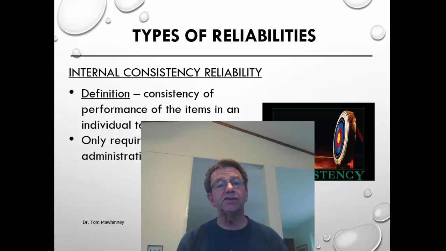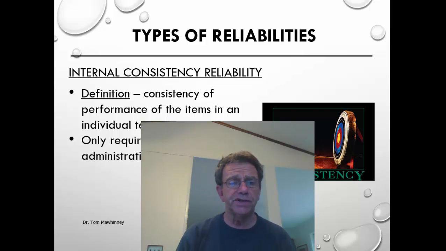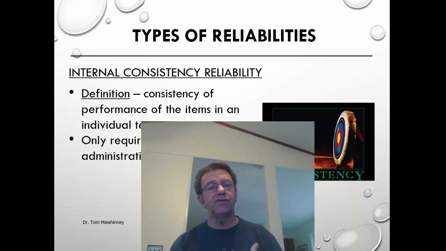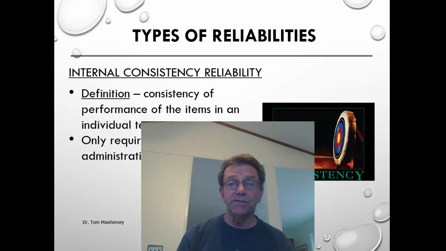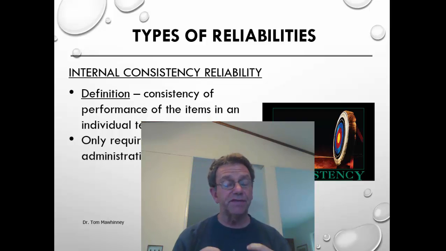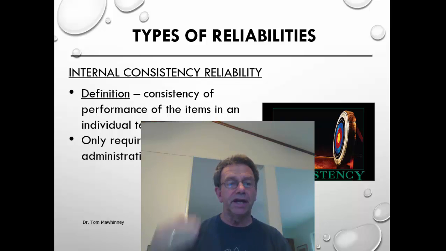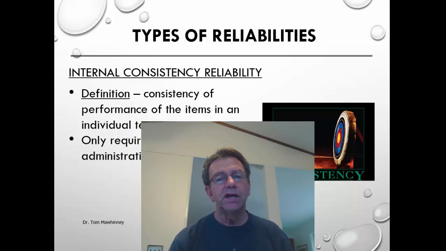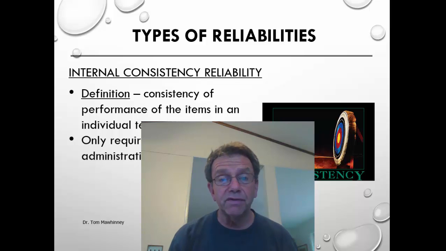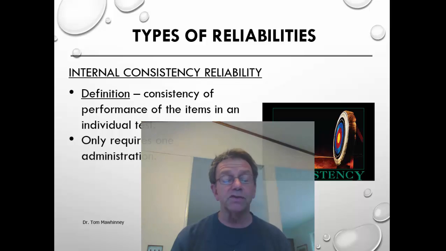So it has to do with the items. When I did my doctoral dissertation, I created an assessment of teaching styles, and I had to find out if my items were functioning consistently, if they were measuring what I wanted them to measure, and I was getting consistent results. What's great about this type of reliability is that it only requires one administration.